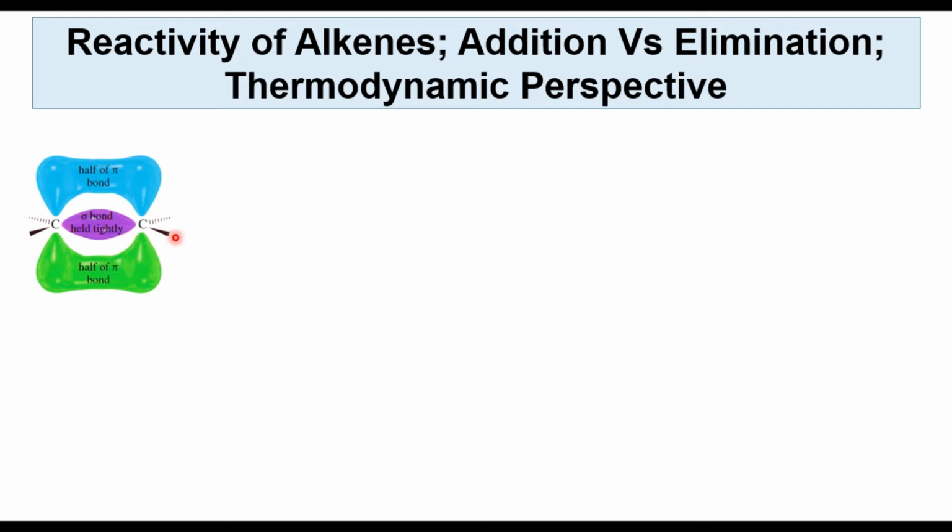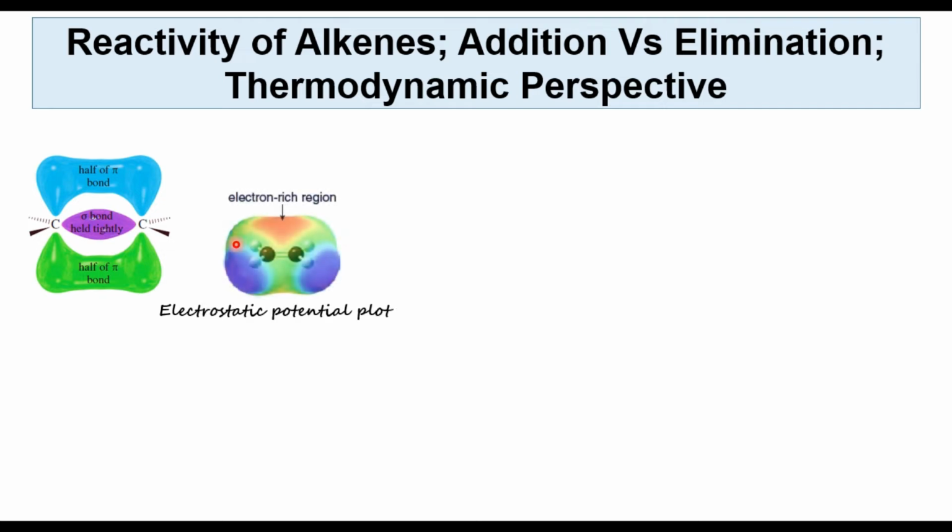If we draw an electrostatic potential plot of an alkene, we can see that alkenes are electron rich and the electron density of the pi bond is concentrated above and below the plane of the molecule, shown by this red region. In this electrostatic potential map, only the red region above the molecule is visible because the diagram is tipped.